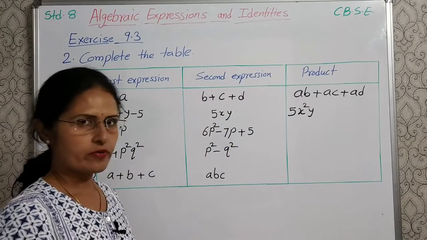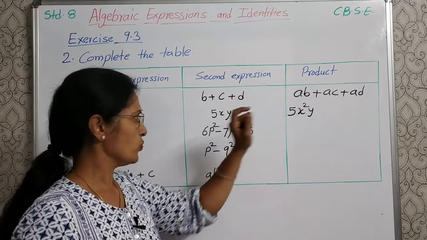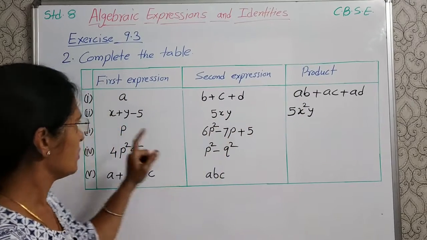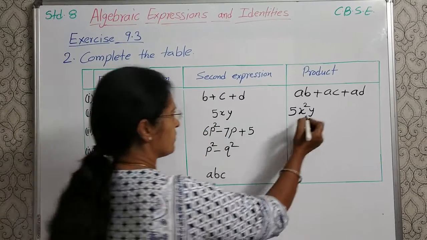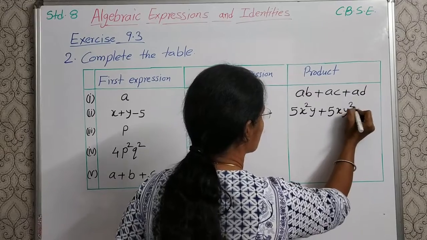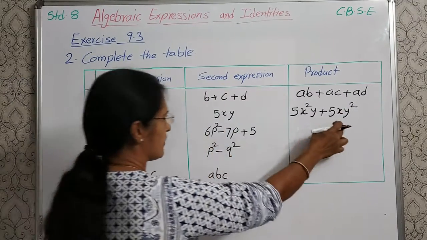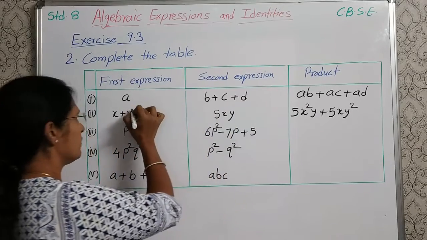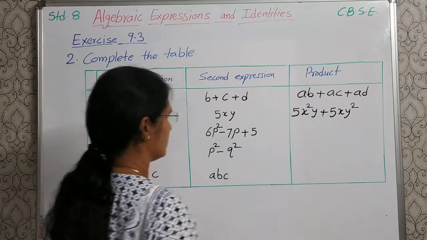So using the laws of exponents, add these exponents, 1 and 1 is 2 and this y as it is. Next, plus y into 5xy, it will be plus 5xy square, because this y and this y will become y square. Both have exponent 1 1. So 1 plus 1 is 2 and this 5x as it is.